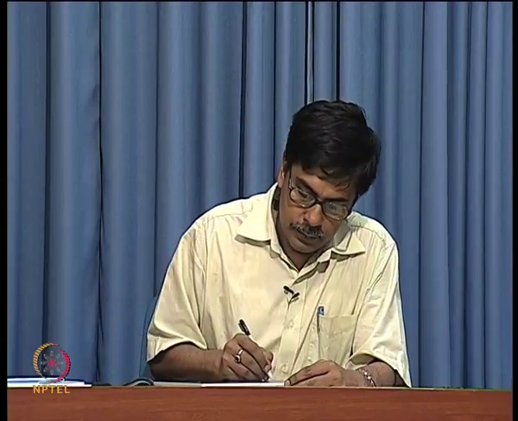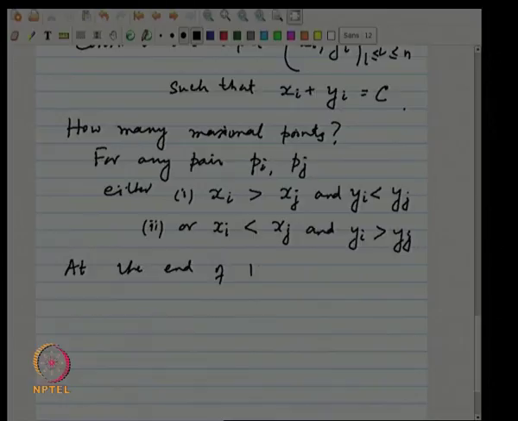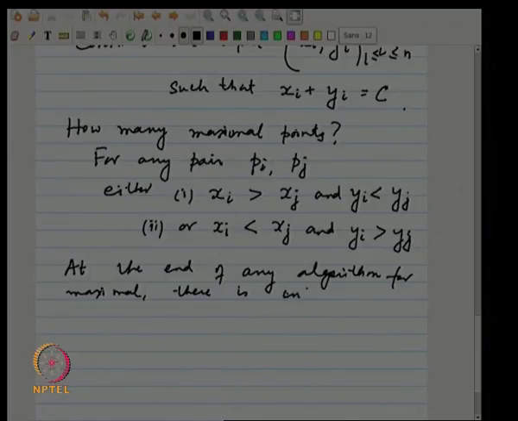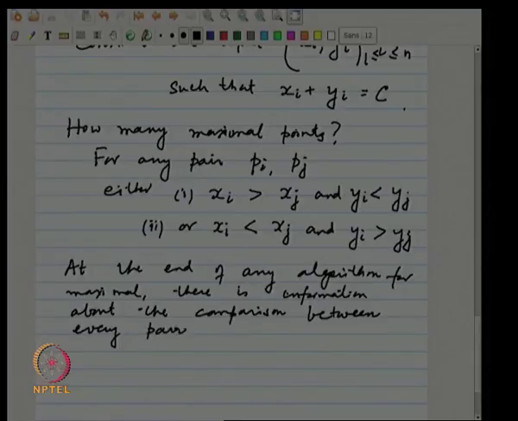So, at the end of any algorithm, basically, we can sort without any further comparisons.